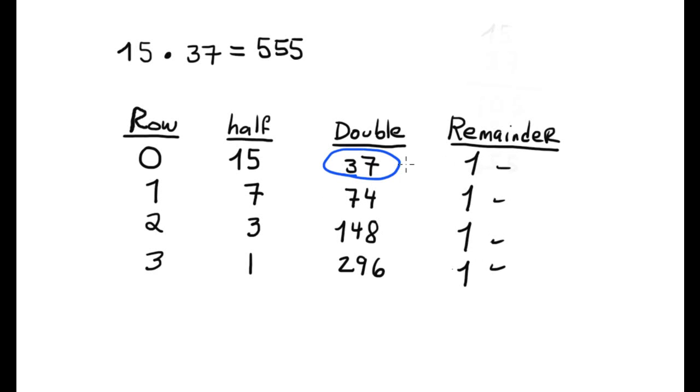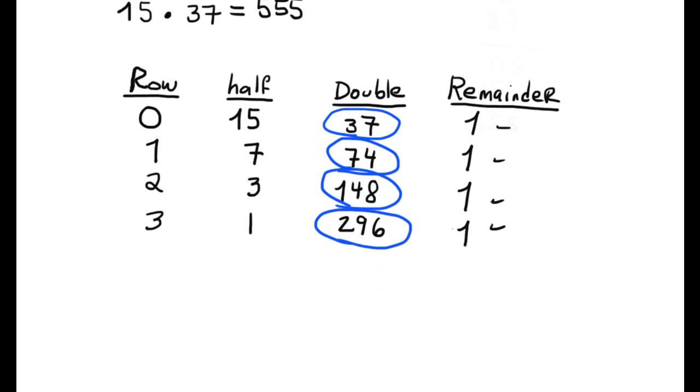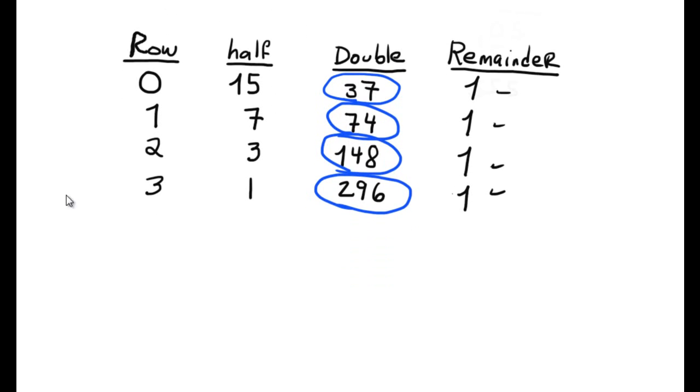When the remainder is 1, you take 37, 74, 148, and 296, and you add them. In this case, the addition is: 7 plus 4 is 11. 11 plus 8 is 19. 19 plus 6 is 25.